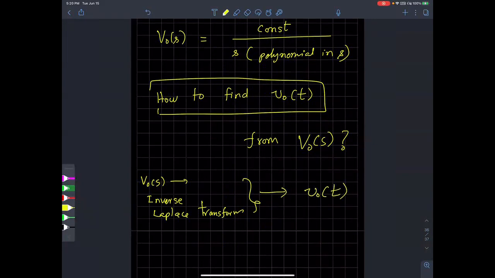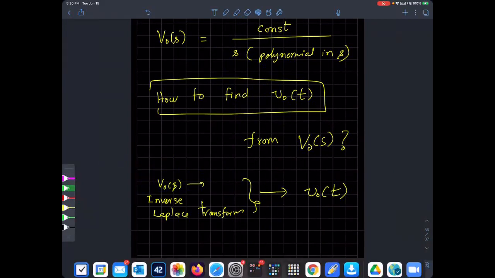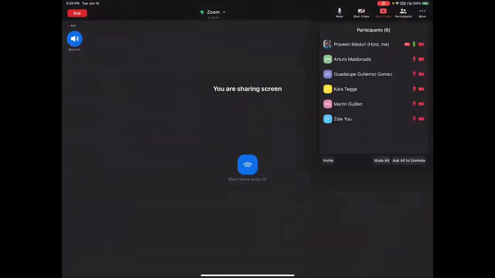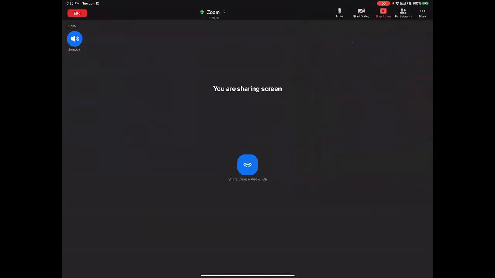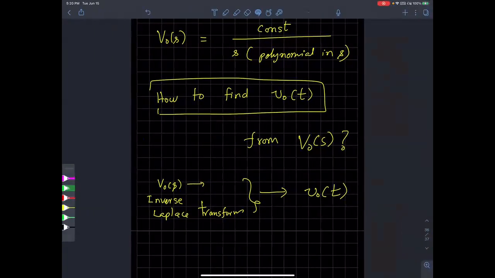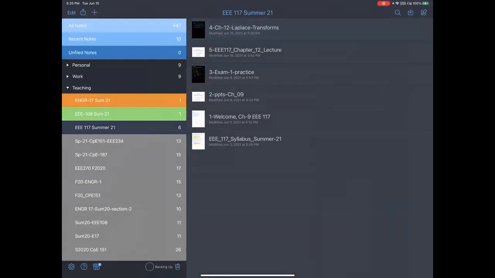This is what we are interested in eventually. So that brings us to the notion of inverse Laplace transform. Let me see if I can go to the notes here. Everybody with me?